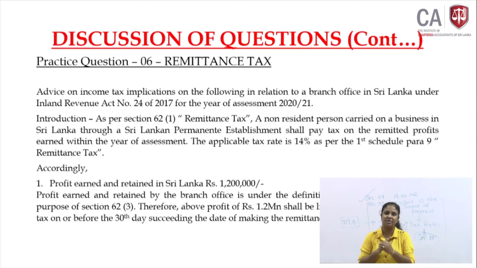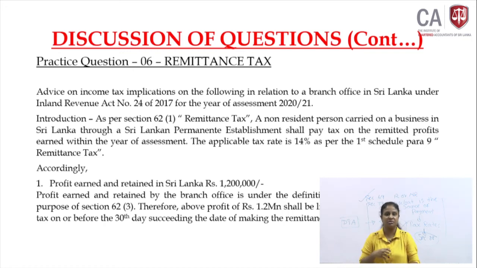Remittance tax is applicable for a person who conducts business in Sri Lanka through a Sri Lankan permanent establishment. To the extent the profit is attributable to the permanent establishment in Sri Lanka, there is business income on this. We have to compute the taxable income of that SLPE, and after that the profit which belongs to the head office shall be remitted.